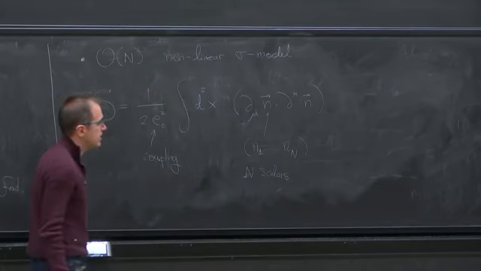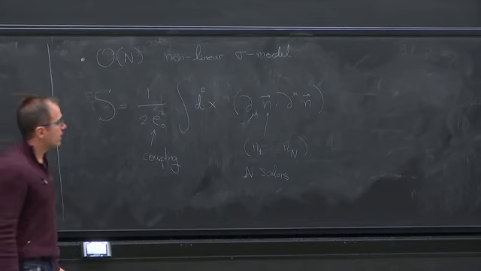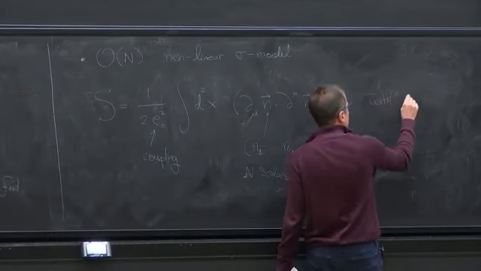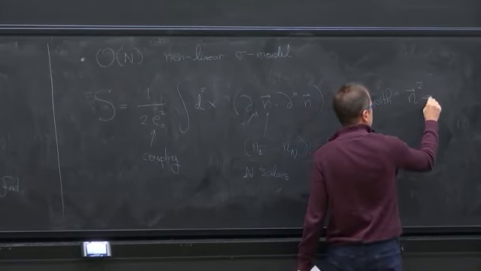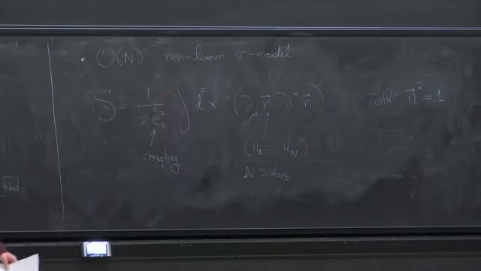One is n1, one is n2, etc. So if it was like this, it would be just N free scalars, right? But there is a condition, with the condition that this vector is unit. So that's what makes this theory very non-trivial. Without this condition, again, N free scalars. With this condition, now we have a point on a sphere. Now it tells you that n belongs to a sphere.